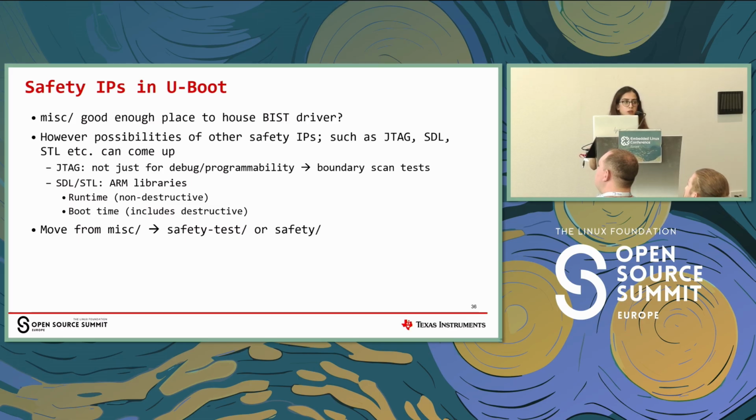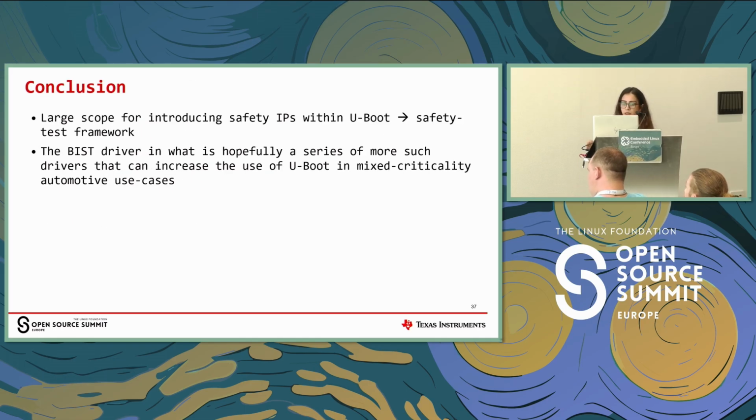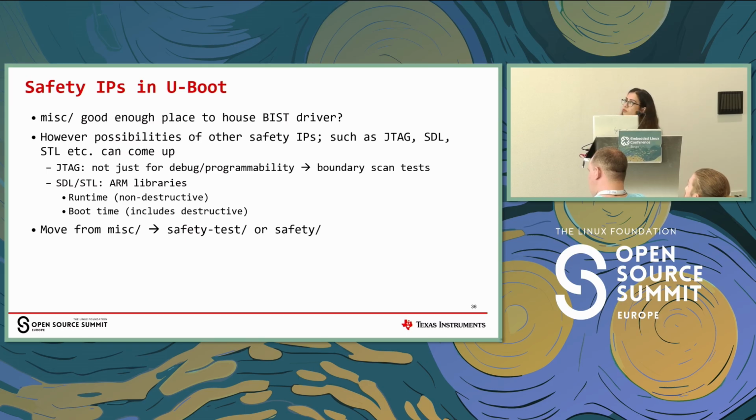You can run boundary scan tests on it or trigger it at boot time. So there's scope for that. You have SDL and STL ARM libraries that they ship out right now, which have both runtime and boot time tests, so we could make use of that. And eventually, we could move from using the miscellaneous directory to safety directories.